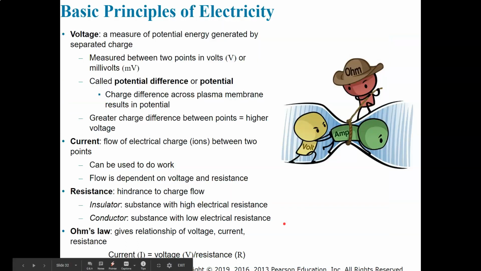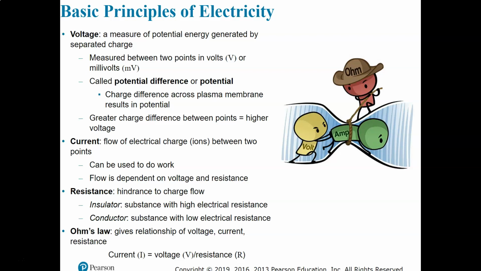When we talk about electrical impulses and electrical signals, it's important to know some terms of electricity. The basic terms that we're going to talk about are voltage, current, and resistance. Voltage is going to be a potential energy generated by a difference in charge, like we have across the membrane.